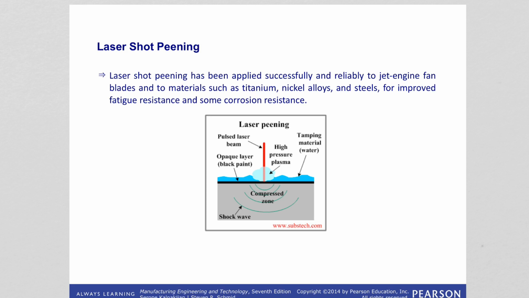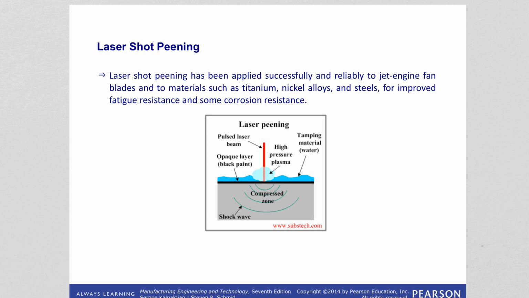The surface material resists stretching induced by the stress waves, resulting in the formation of a compression stressed skin. In this process, prior to laser peening, the material surface is coated with an opaque layer of black paint, and the black layer is then covered with a transparent overlay like flowing water.